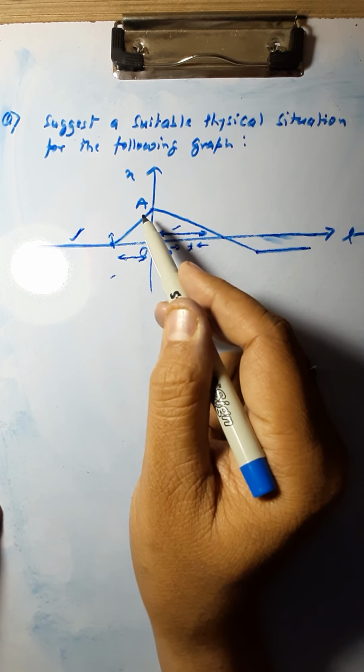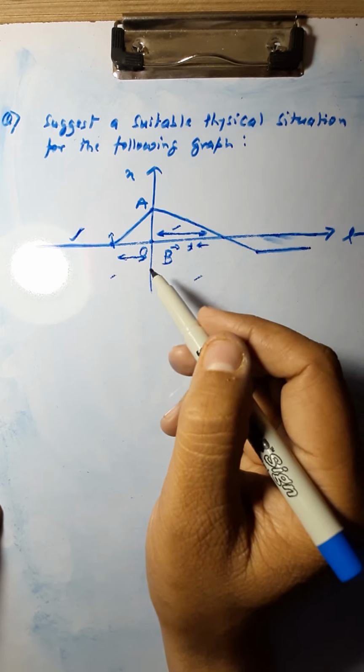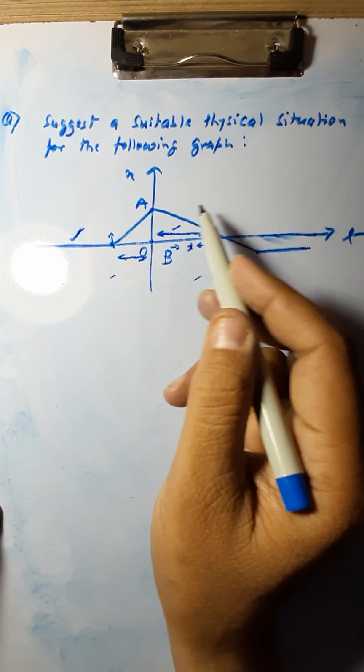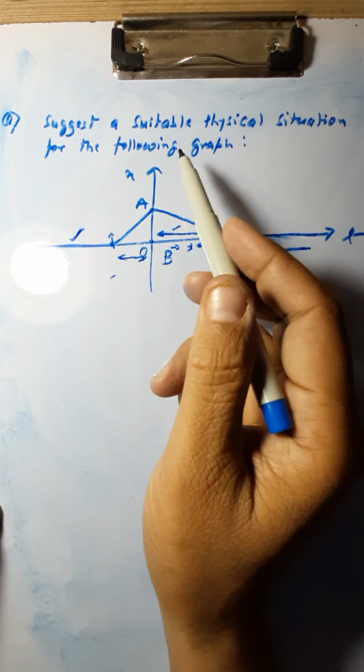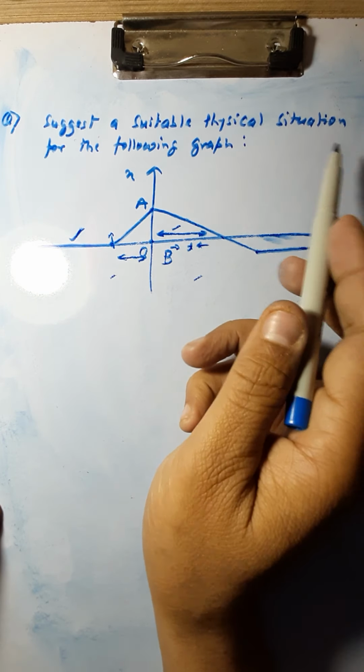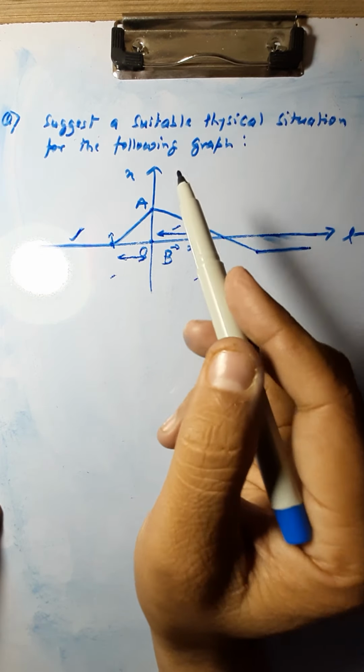Since we are talking about one dimensional motion, we have to suggest a physical situation for the following graph.